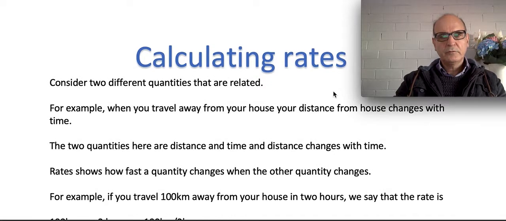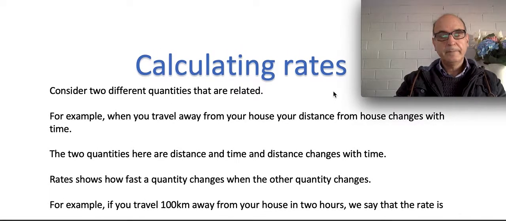So think of a trip you are making in your car, getting away from your house. We are talking about two quantities here. One is how far you are from your house. The other one is the time that you've been traveling for.